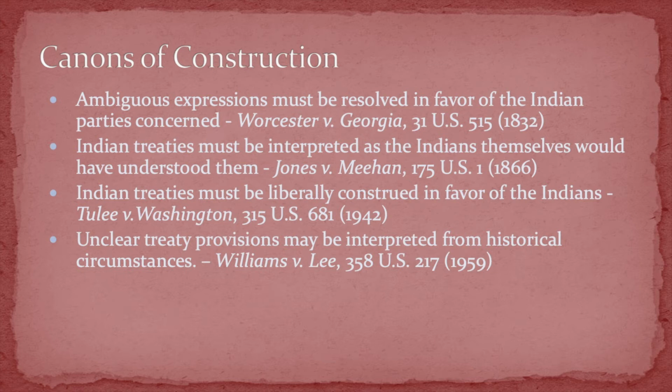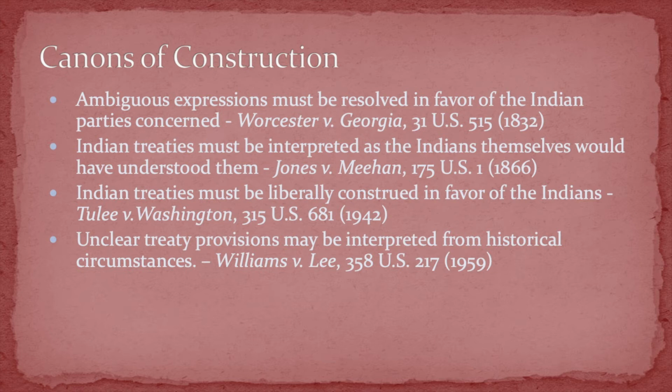But that's really an important canon, right? We talked yesterday about language and how important it would be if you have 2 different language constructs coming together with different historical meanings. What would the Indian nations being treated with at that moment understand that language to mean?